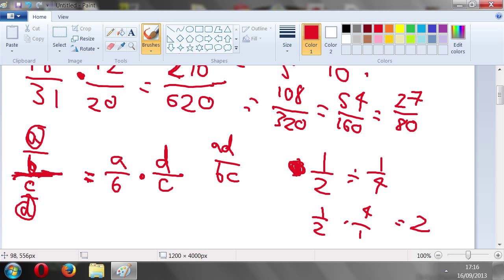It's like a cross multiplying thing. For this one, AD is 1/4, and then BC is 2 times 1. Whichever way you do it doesn't really make much difference.